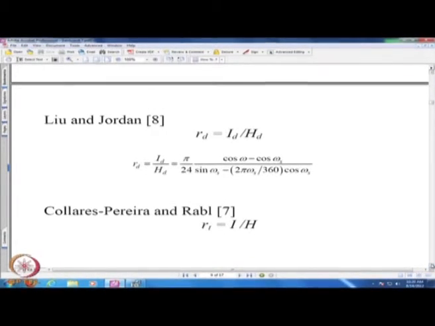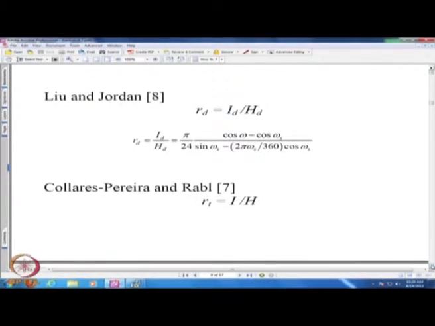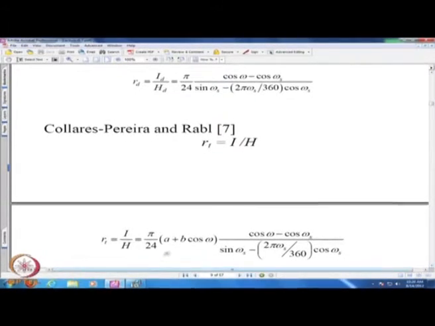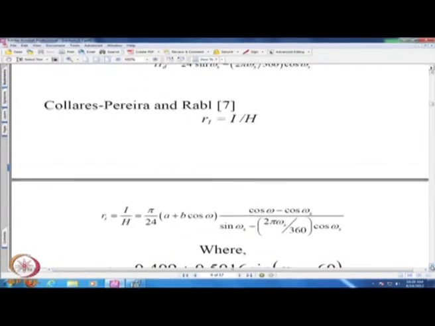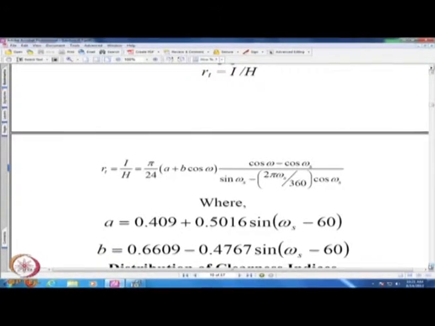Collares-Pereira and Rabl, relatively recently, proposed a correlation for the corresponding global radiation values, hourly I upon the corresponding daily value H, which is the same expression, but multiplied by A plus B cos omega, where the constants A and B have been derived using a large database and correlated to the sunset hour angle omega s and certain other constants.